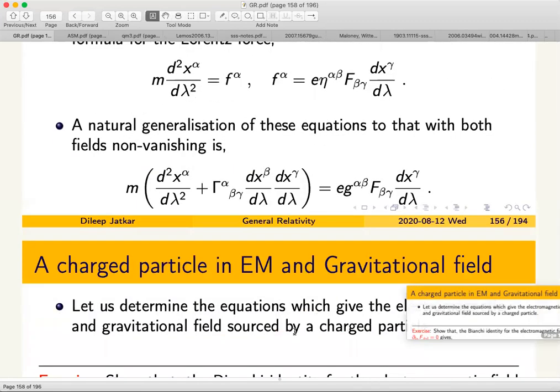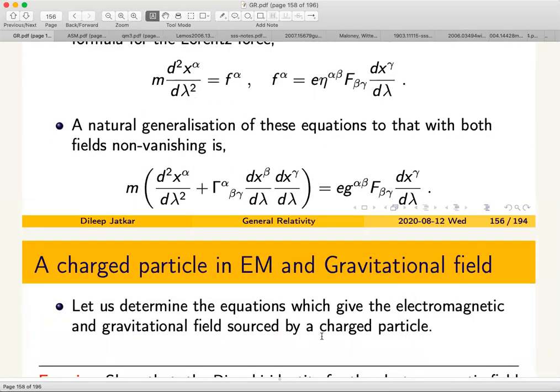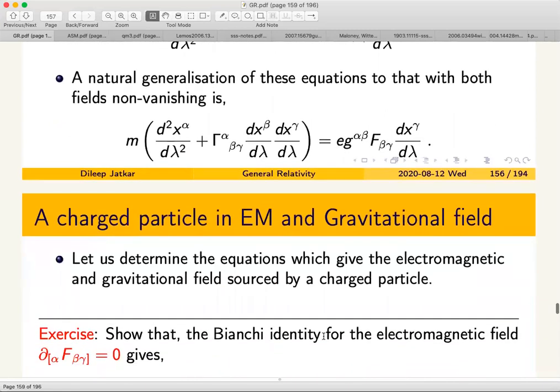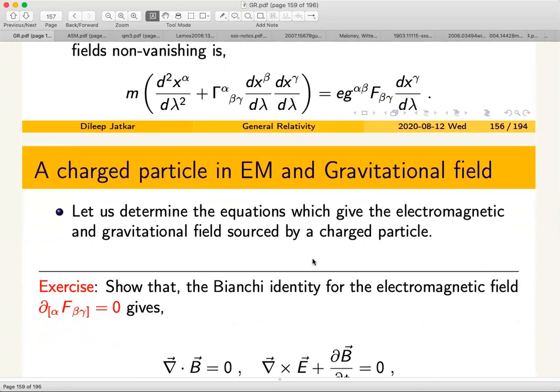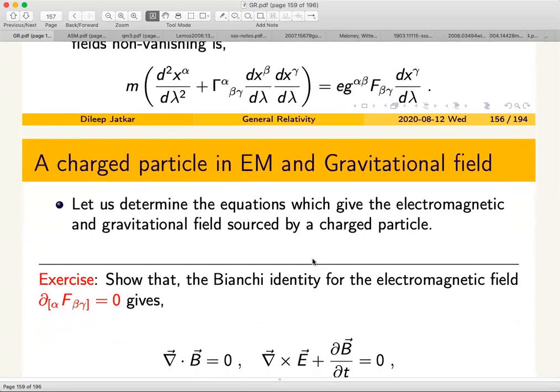Fine. So we want to ask the question: how would this equation generalize, I mean, how do you make sense of this equation when we try to study both electromagnetic and gravitational sources turned on? Okay, fine.